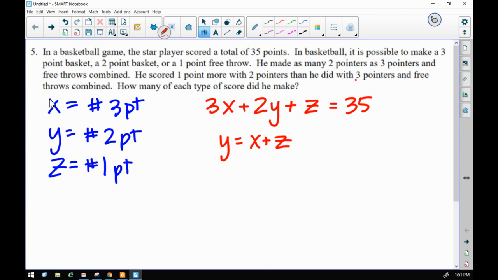We're talking about the number of points, because it's 1 point more. So 3-pointers and free throws: 3x, that's 3-pointers, and free throws is z.